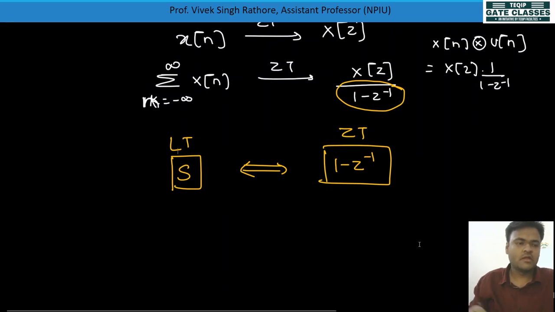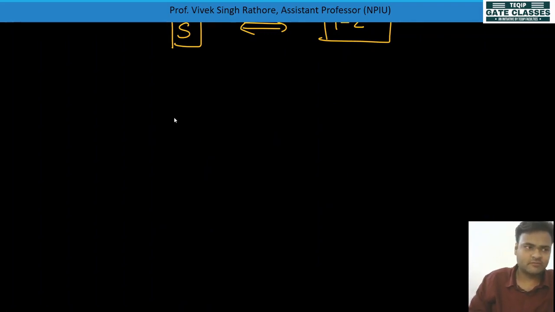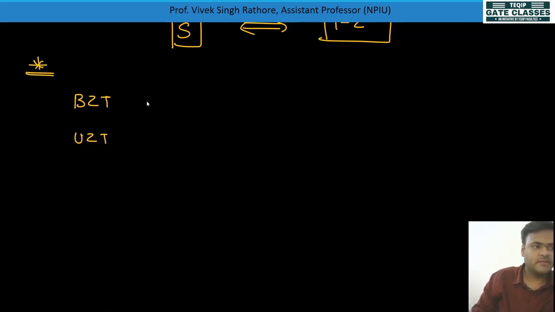Now, as we have seen there are two variants of Laplace transform, the same way we'll see the two variants of Z transform: bilateral Z transform and unilateral Z transform. Bilateral Z transform means that whenever we calculate the Z transform, we take the sum from n equal to minus infinity to infinity of f of n z to the power minus n.